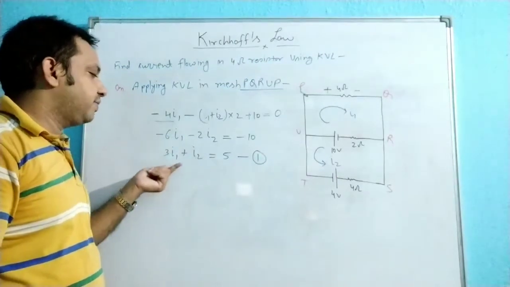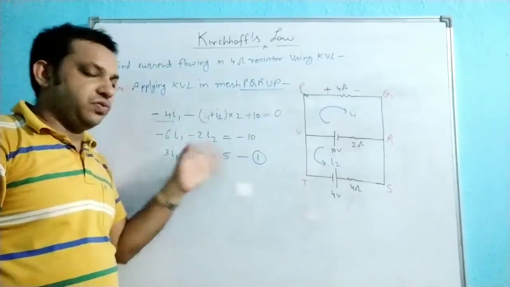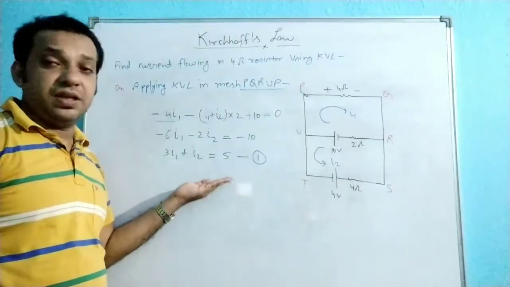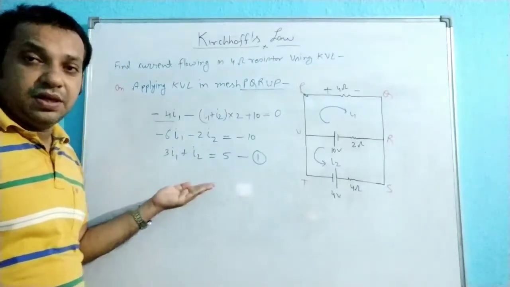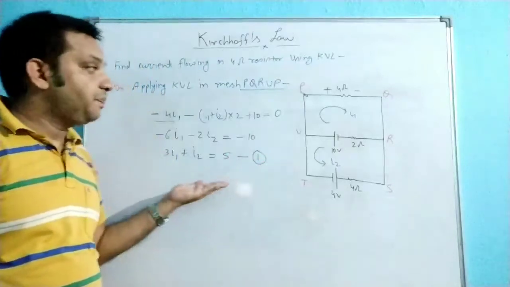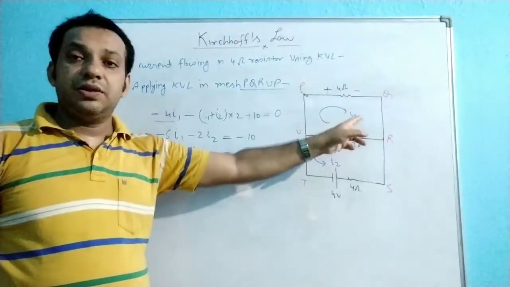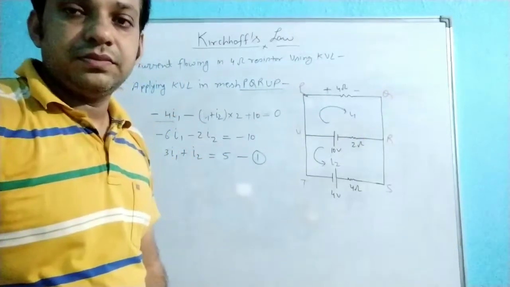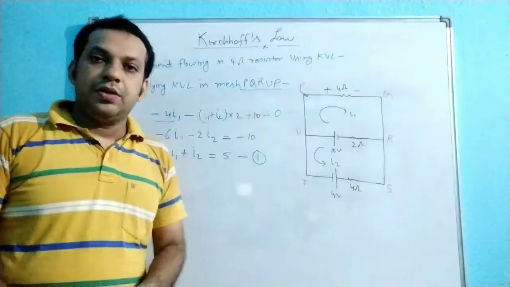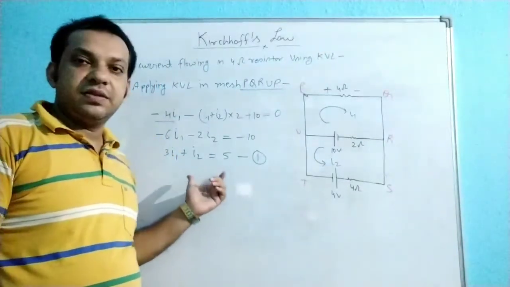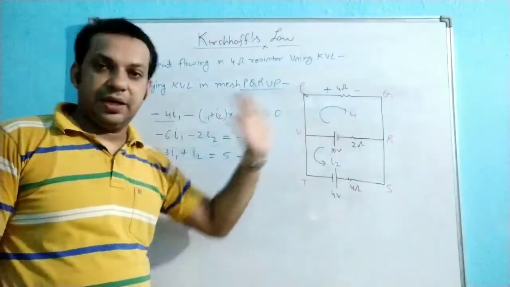So that becomes 3i1 plus i2 is equal to 5. So this is your first equation, which arises when you apply the KVL on mesh 1.